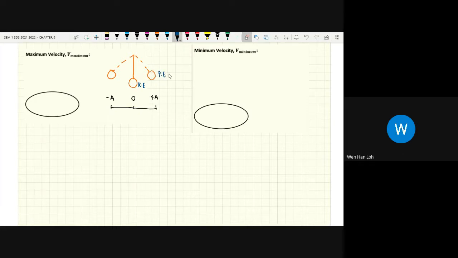Gravitational potential and also kinetic energy. Yes, gravitational potential energy and also kinetic energy. Now, Miss wants to ask, where is the velocity maximum? Equilibrium. At equilibrium. So you must know, velocity is always maximum at equilibrium.